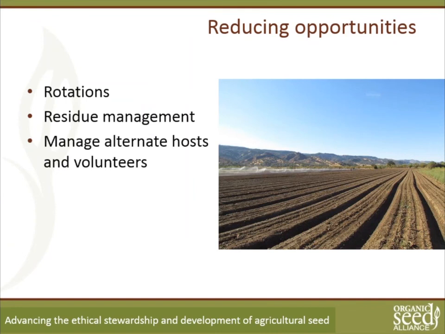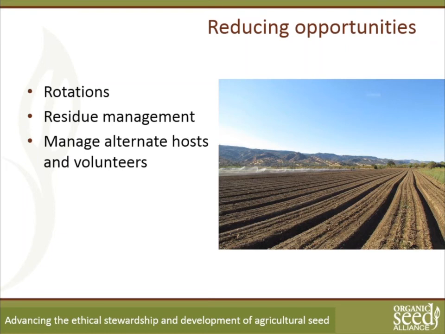The first step in successfully managing diseases and pests is before you ever get to growing the plants. So one of the most important aspects of pest and disease management in organic farming is good rotations. By rotation, this generally means a prolonged period where you avoid planting crops from the same family in the same location for several years.